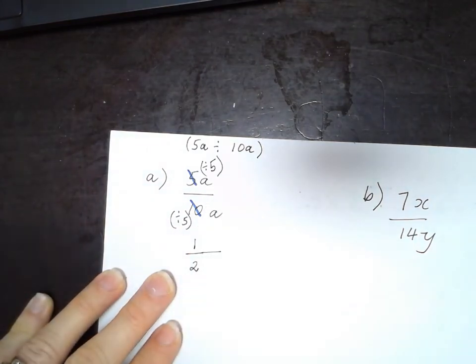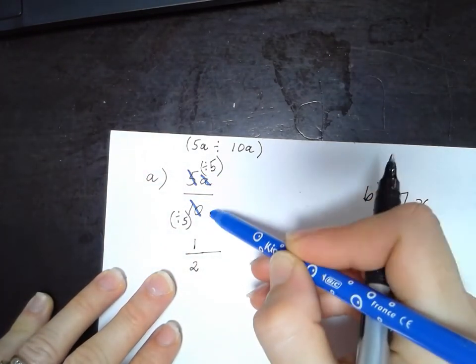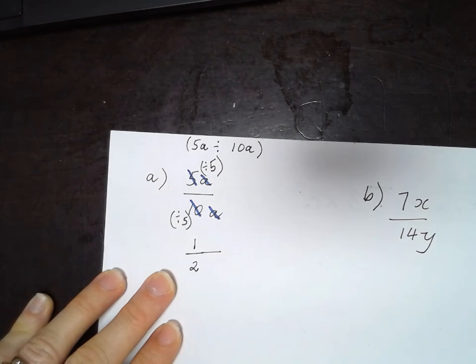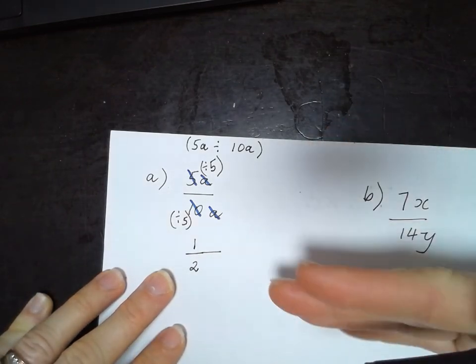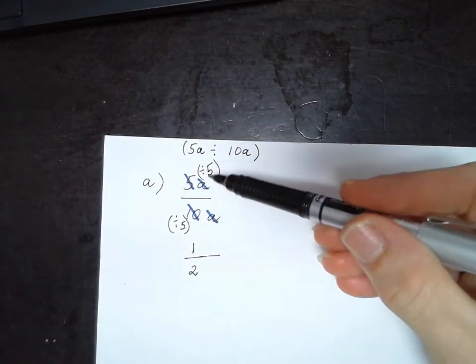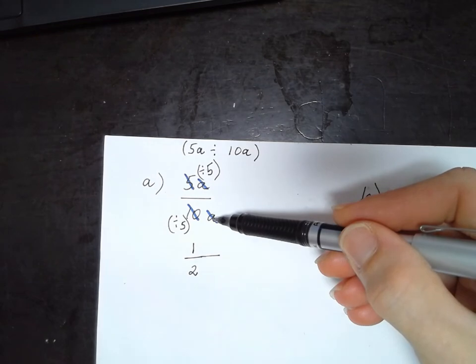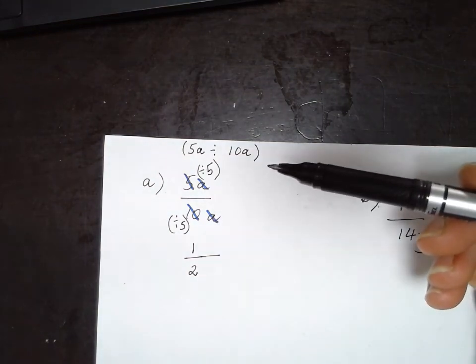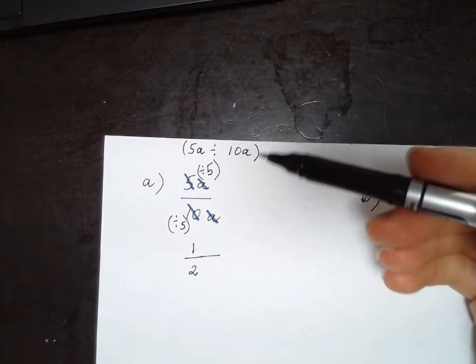Then we've seen in the other YouTube clips that we cancel out our variables. If they're on the top and in the bottom, they cancel out, because let's say a had a value of 3. If you go 3 divided by 3, the answer is 1. Okay, so that's why you cancel these out.